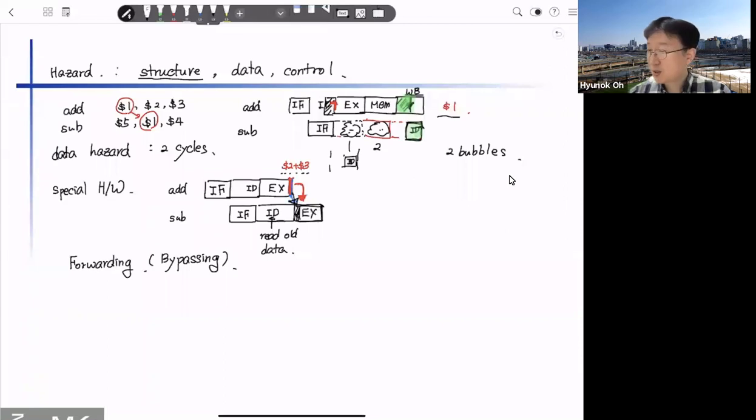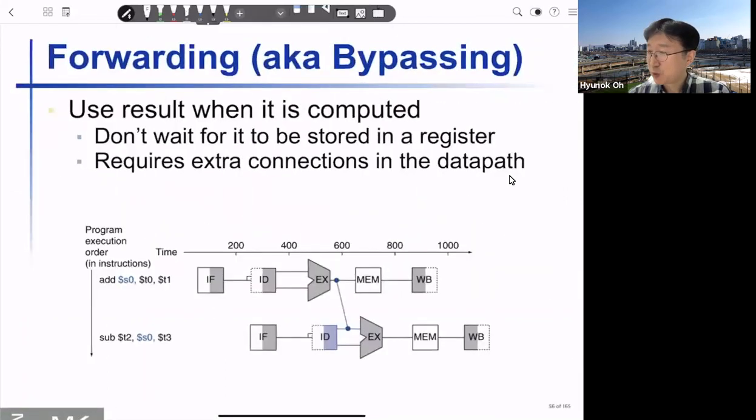So this can be easily solved using forwarding: the previous execution result is provided to the input of the next instruction's execution stage. Using forwarding, maybe we can solve the data hazard, but still there is a data hazard.